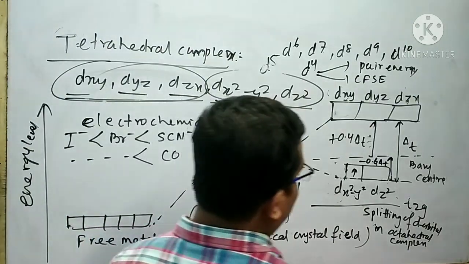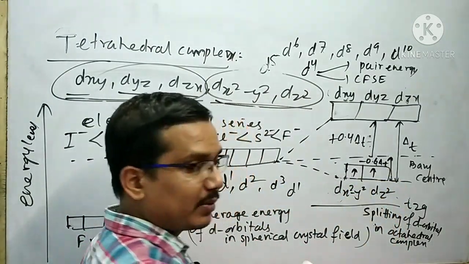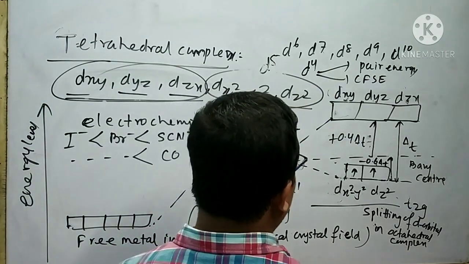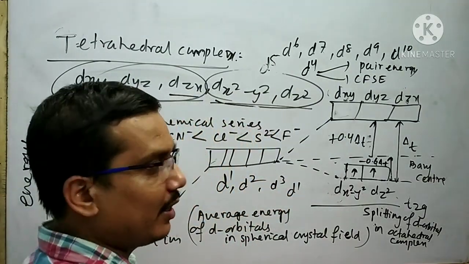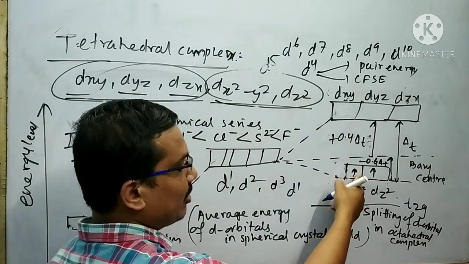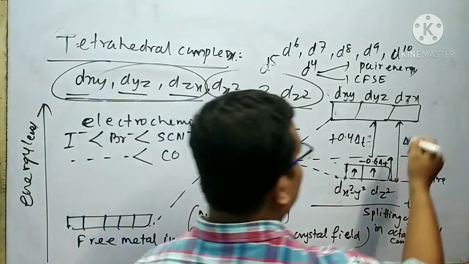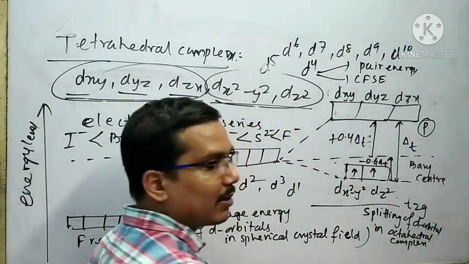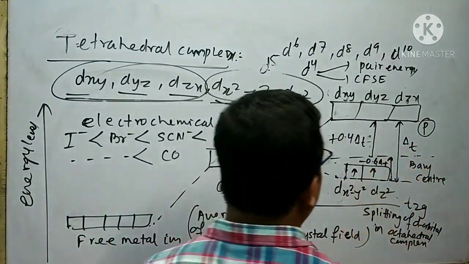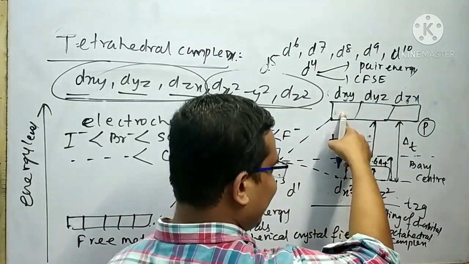If two electrons are present, then I can place them in this orbital. If three electrons are present, then I cannot say whether this electron is present here or here. It depends upon the pairing energy P and the crystal field stabilization energy delta t. If the pairing energy is more, then the third electron is present here.